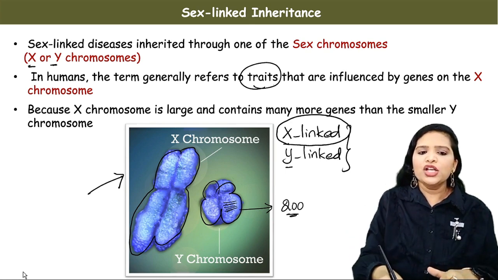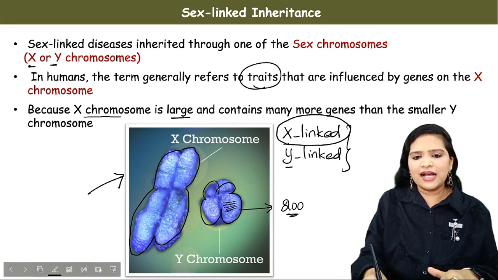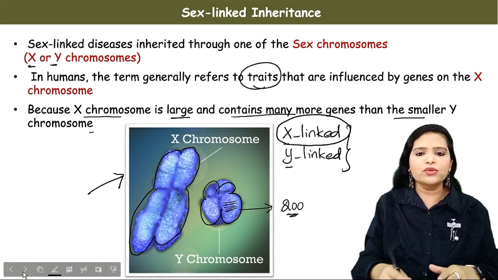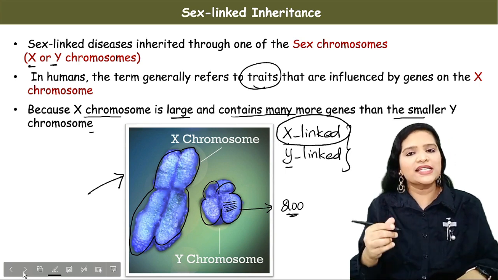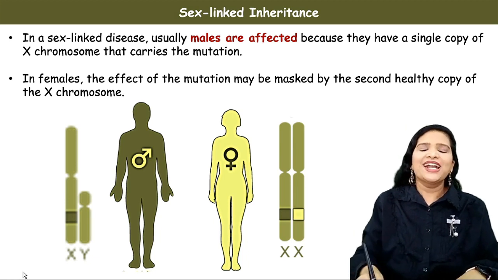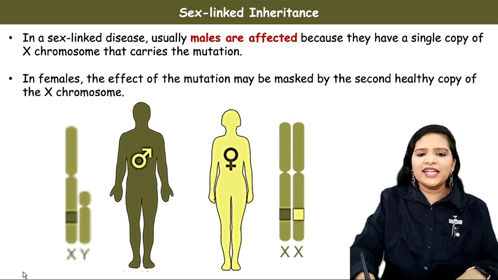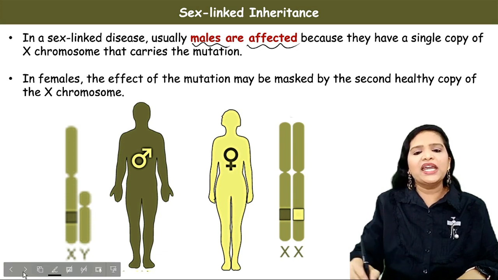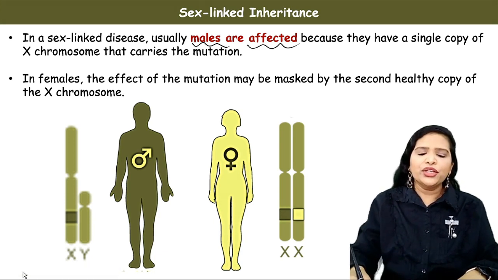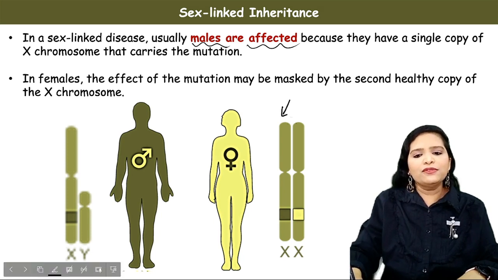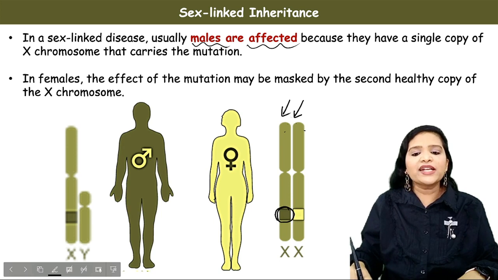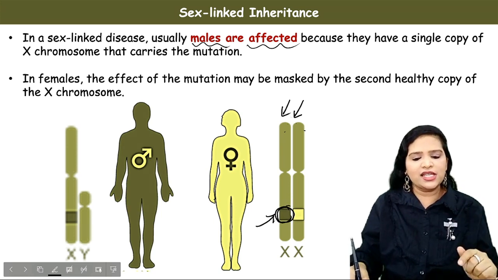Since the X chromosome is larger and contains many more genes than the smaller Y chromosome, sex-linked inheritance generally means X-linked inheritance. And sex-linked inheritance usually affects males more than females. Why? Because females have two copies of the X chromosome. So if one copy of the X chromosome has a defective gene, say, look at this picture.